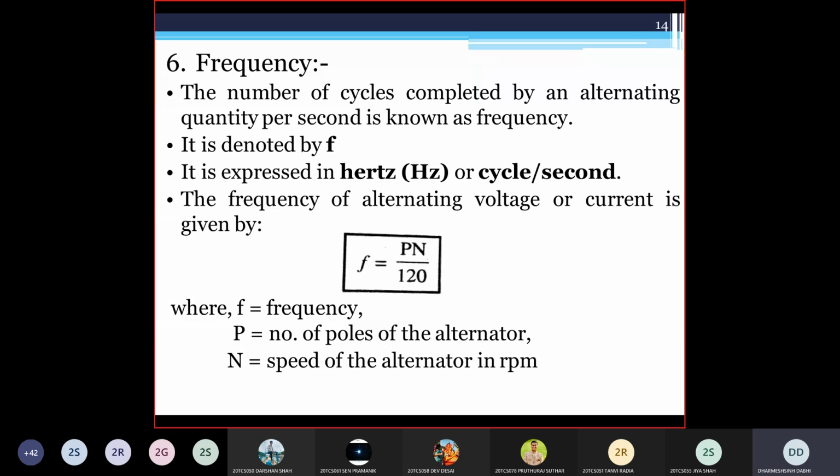If you know the number of poles, you can easily calculate the frequency. Otherwise, if you know the time period of one cycle, you can also get the frequency, because frequency is inversely proportional to time.